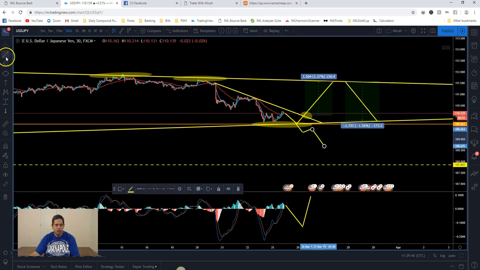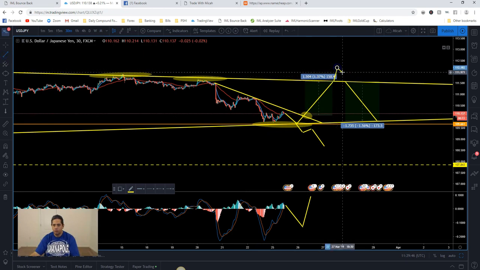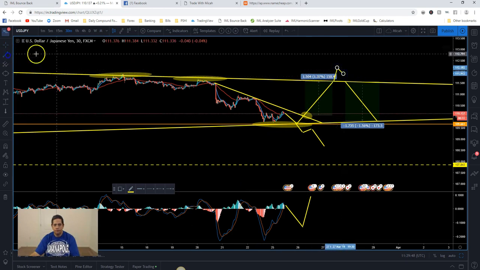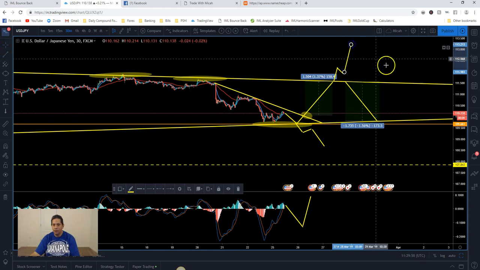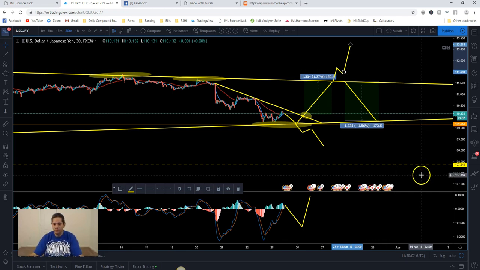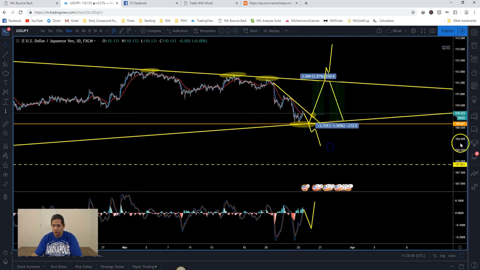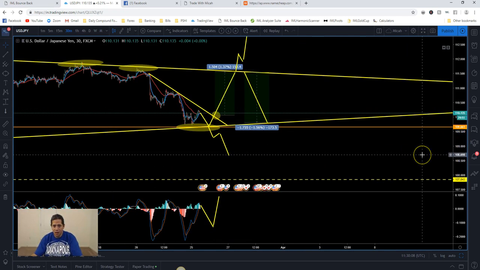If it breaks here, I'm waiting for that break, impulse, flag, and then I can get my buy, right? But either way, either scenario, if you know market structure, you're ready for the markets, right? So this is what I'm expecting. To me, this trade looks good. I'll probably hop into this trade on the USD JPY.